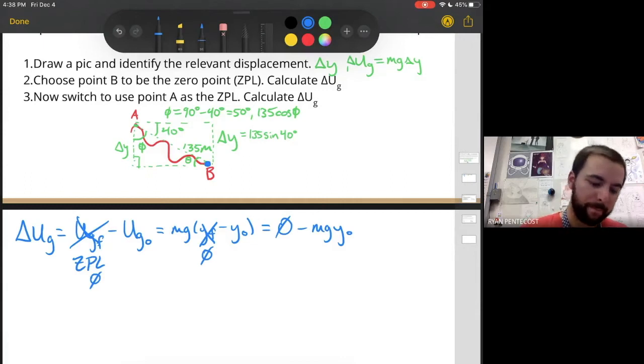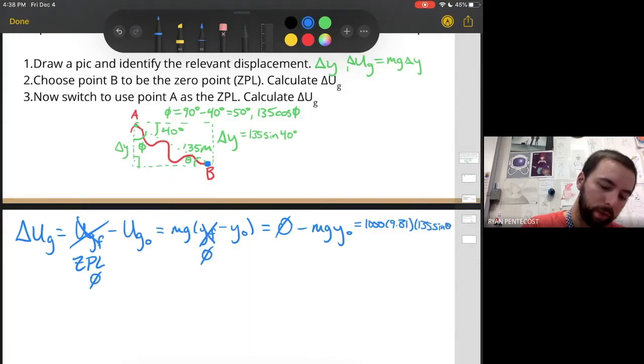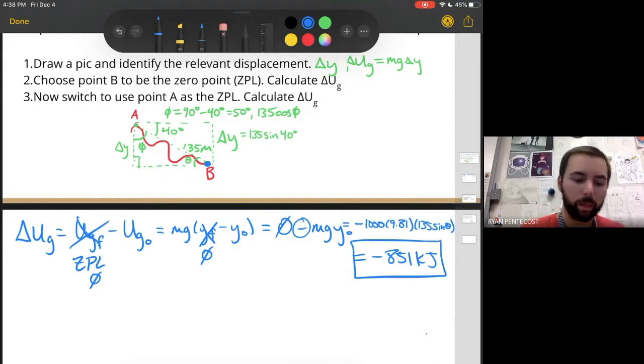To find y naught, we would use 135 sine 40. So this would be the mass, 1,000 kilograms, g 9.81, and y naught is 135 sine theta. Oh, whoops, I missed my negative, because this point is below. This comes out to negative 851 kilojoules.